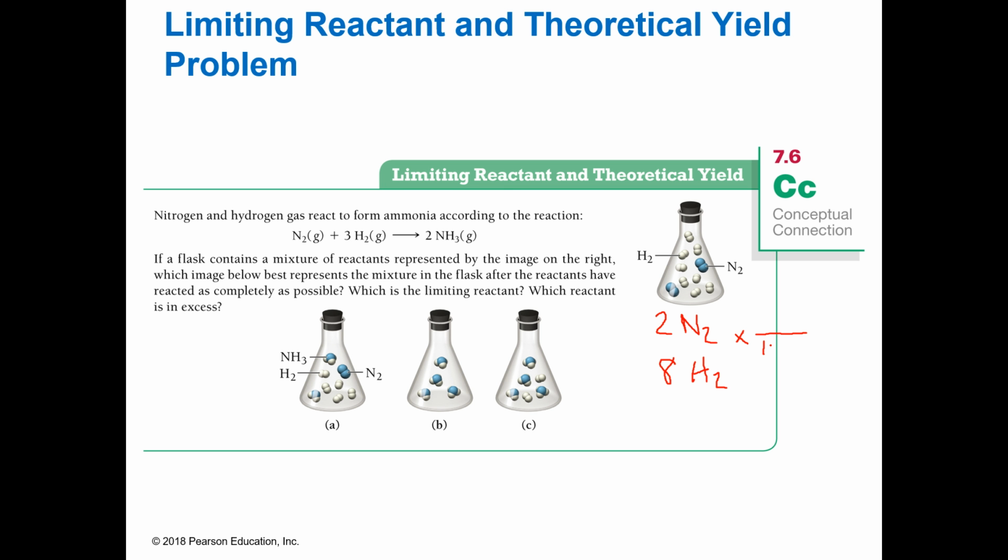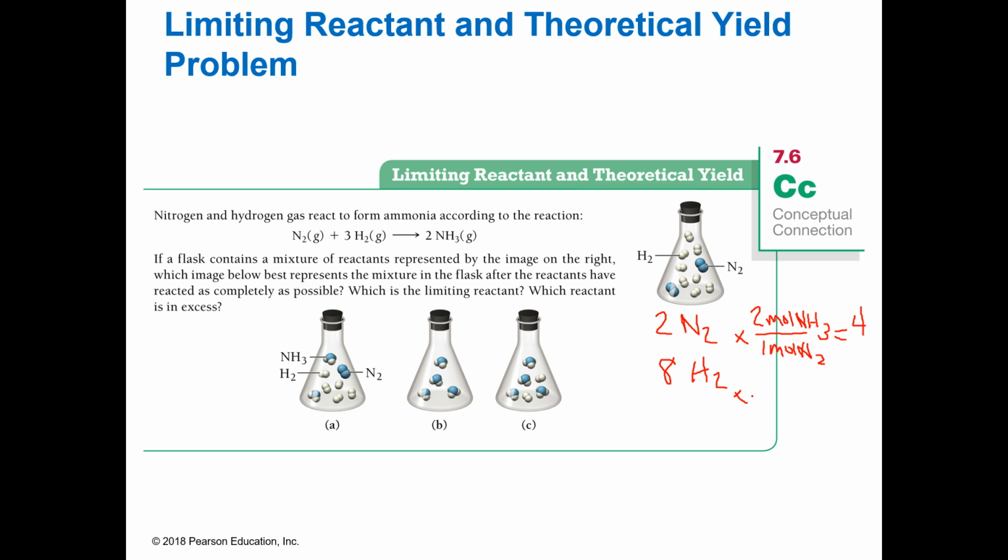So I have 1 mole of nitrogen and 2 moles of ammonia. So if I do that math, 2 times 2 divided by 1, if all my nitrogen reacts, I can make 4 moles of ammonia.